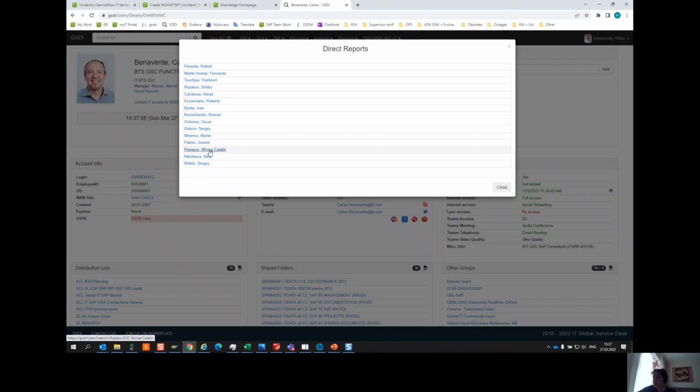Also Mircea Catalin, who is in charge of shop floor manufacturing, and all the planning and transportation management consultants are under this GSC function group.